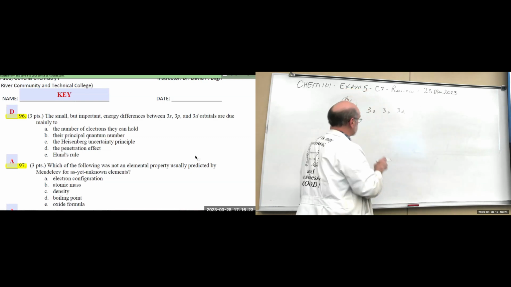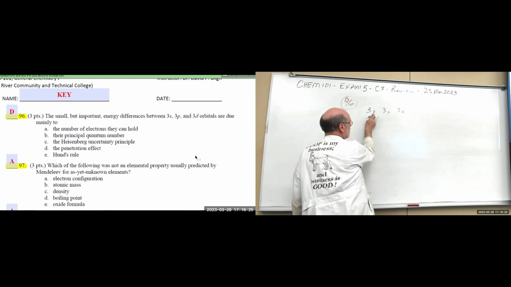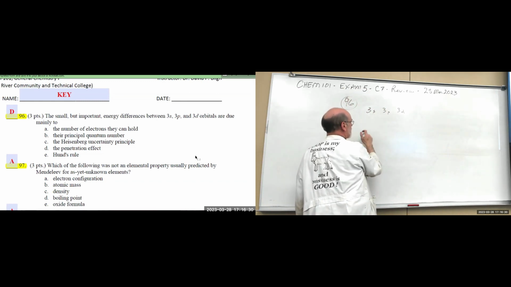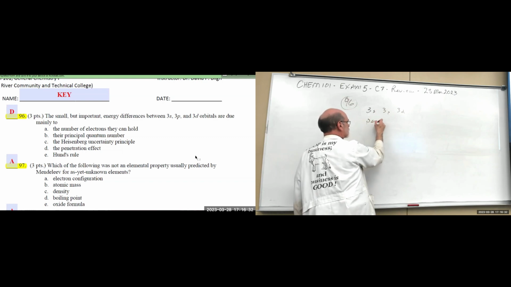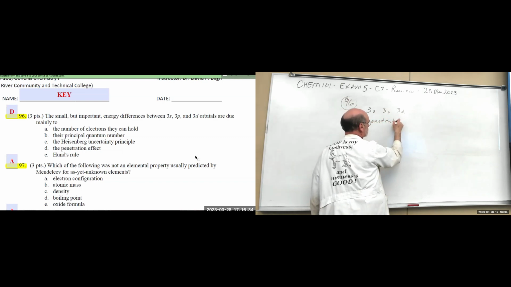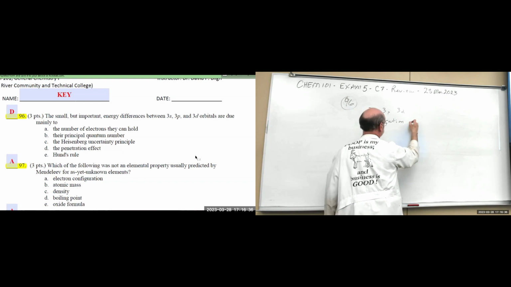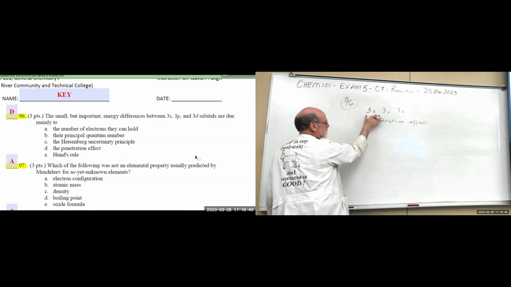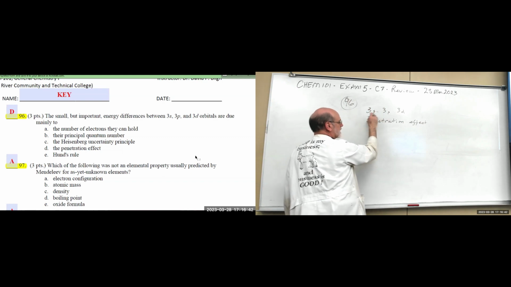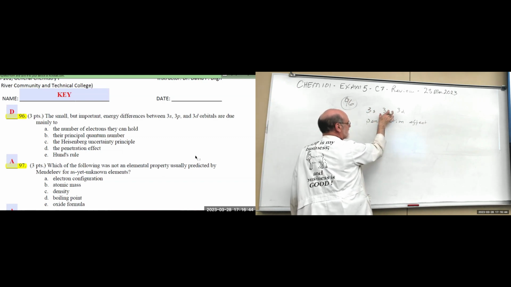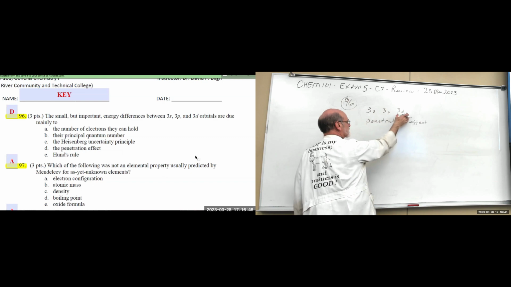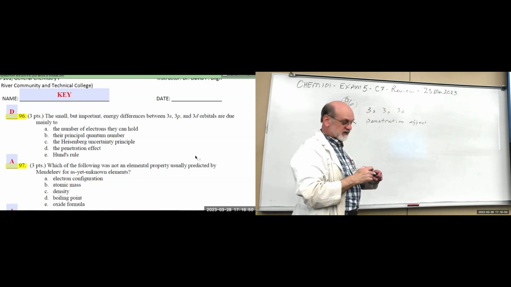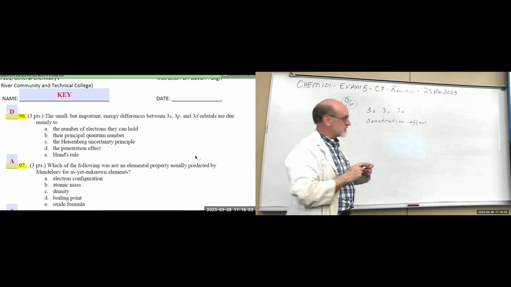Well, they're different because of the shapes of these orbitals. And that goes back to a discussion of the penetration effect. The 3s penetrates closer to the nucleus than the p does. And the p penetrates closer to the nucleus than the d does. So that explains the difference in their energies.